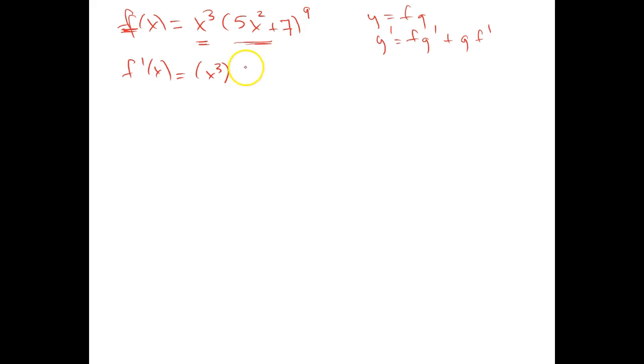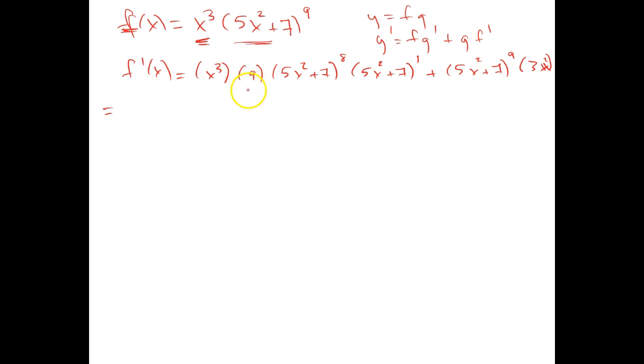So basically this is going to be 9 times (5x squared plus 7) to the power of 8 times the derivative of 5x squared plus 7, plus the second term, which is again (5x squared plus 7) to the power of 9 times the derivative of the first term, and the derivative of x cubed is simply 3x squared. So we'll continue on.